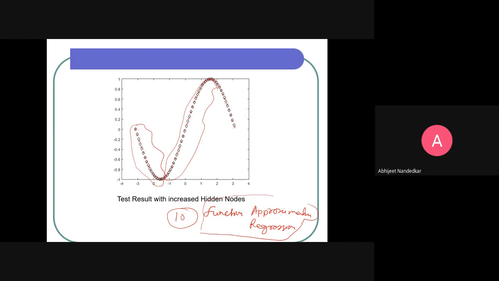However, note that our aim is to learn different functions, not the standard functions. If you give me x, then I can give you sine of x. There is no fun in doing this. I'm not interested in doing this kind of thing using a neural network.